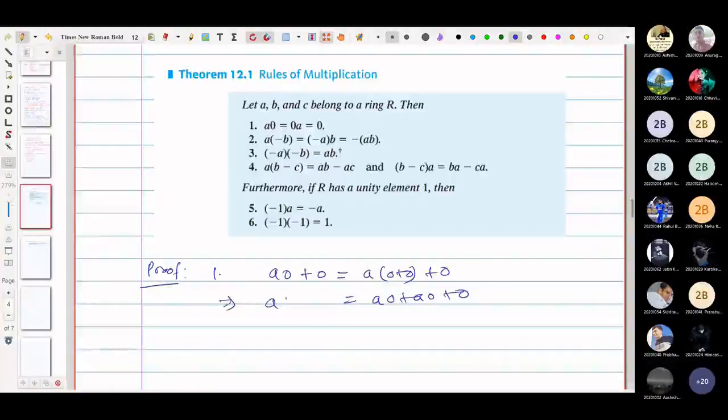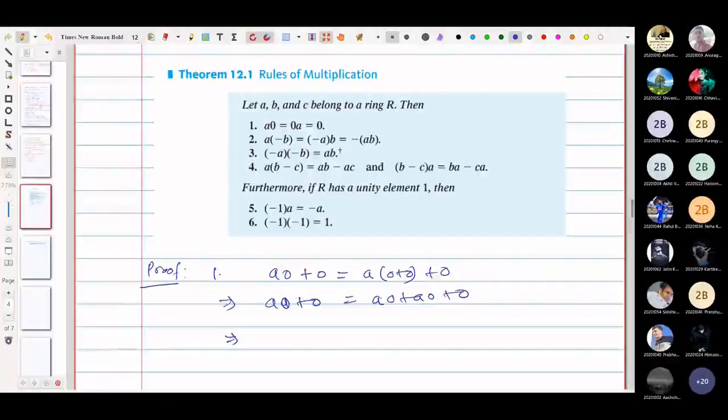This implies that on the left hand side we have a0 plus 0. So we have the cancellation law because R under plus is an abelian group. In a group, both the right and left cancellation laws hold. We can use the left cancellation law because we want to prove that a0 equals 0.